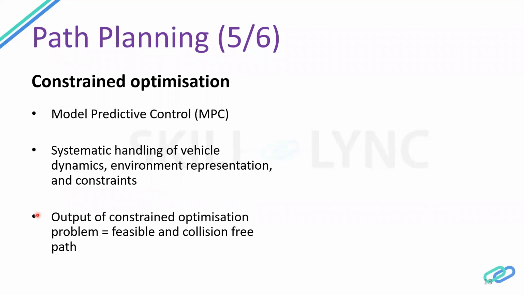The output of this constraint optimization is a feasible and collision-free path. So it does the collision check, it sees that the vehicle dynamics are respected, and then it comes up with a path that is feasible and also collision free. That's quite advantageous for an autonomous vehicle application.